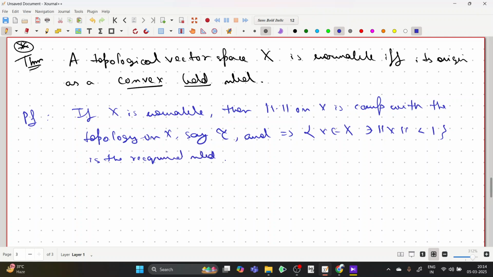You can clearly see that it's a convex neighborhood and a bounded neighborhood of the origin, right? So the converse part is the non-trivial one in this case. So let us prove that.